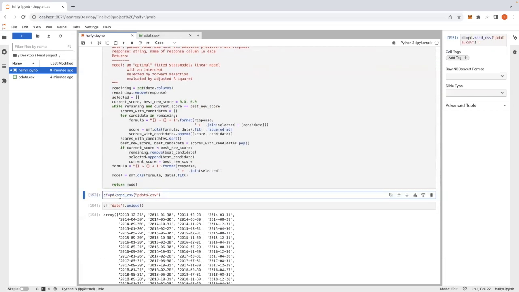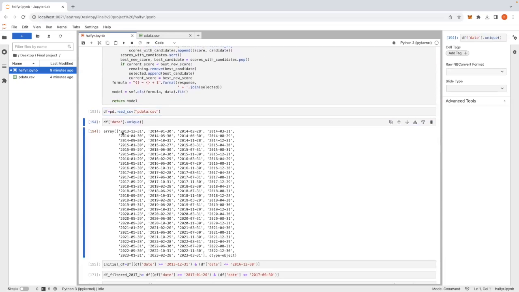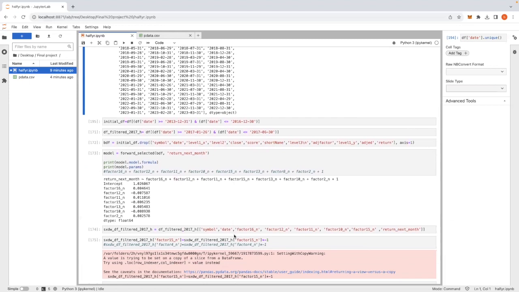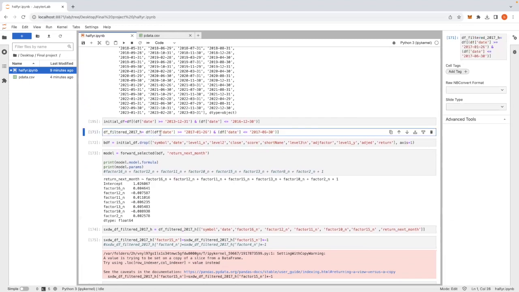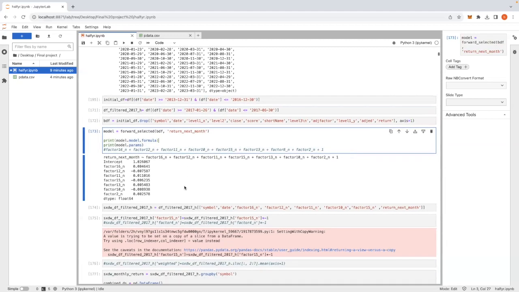So I use the pandas package to read the data and get all the dates, that's the last day of each month. Then I use the 3 years of data to make a forward selection, and here's the result we got.